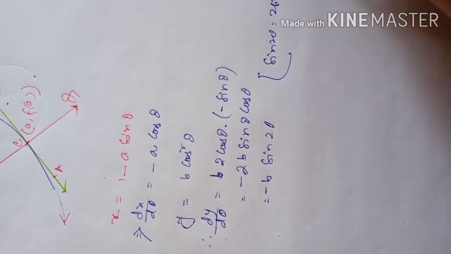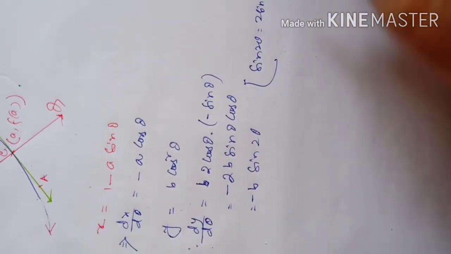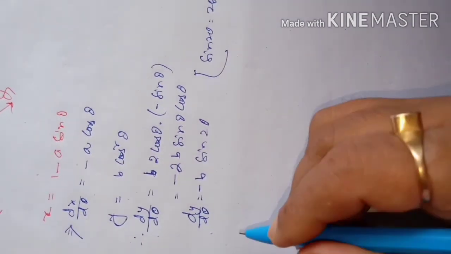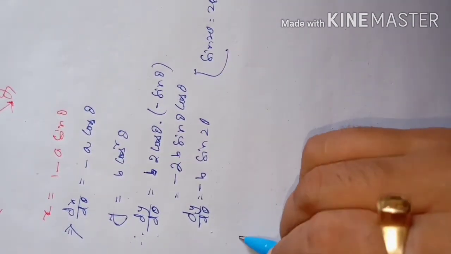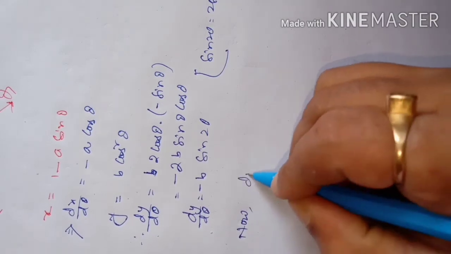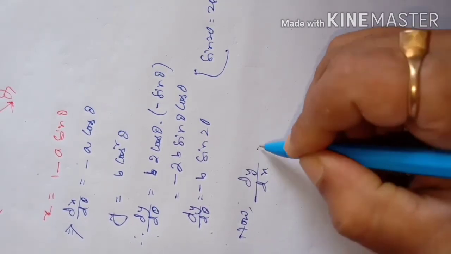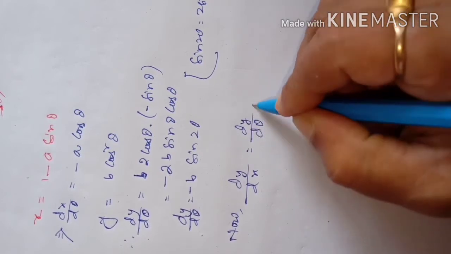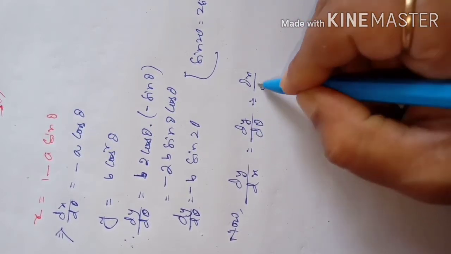Okay, dear students, so now we got dy by d theta. Now we write dy by dx. What was the expression for dy by dx? dy by d theta divided by dx by d theta.